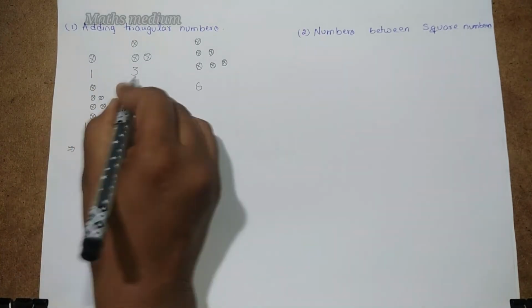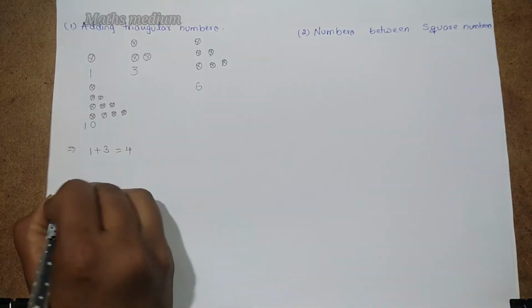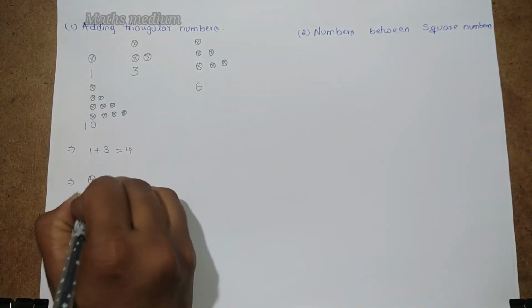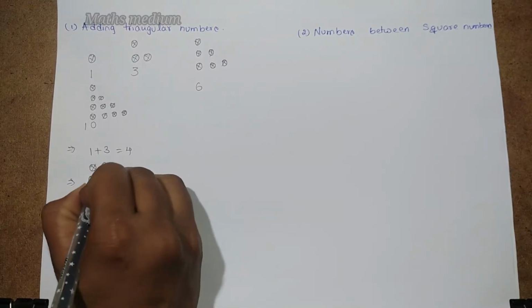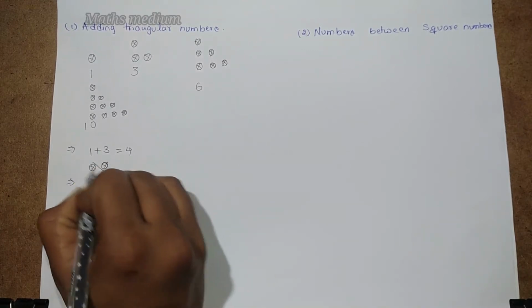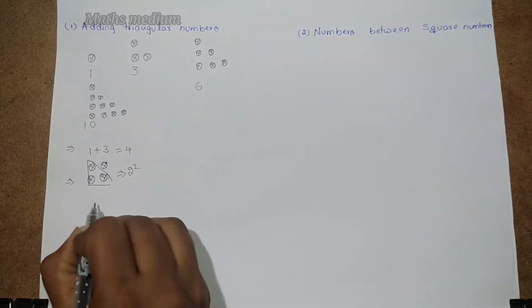If you use 1 plus 3, how do we get 4? It must be like 1, 2 and 3, and this is the 1. This is one triangle and this is the 1. How can we represent it as 2 square, right?